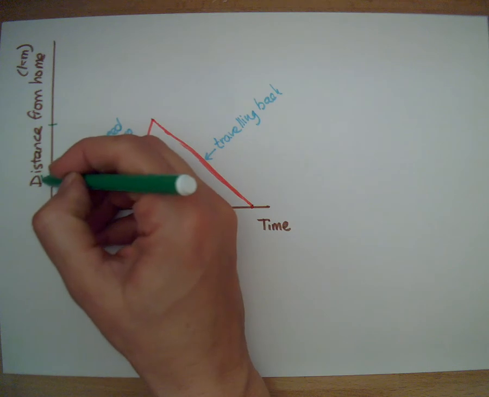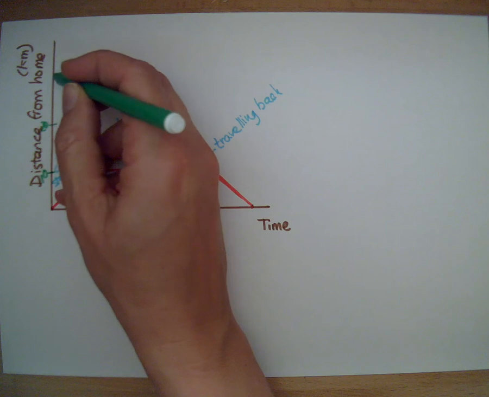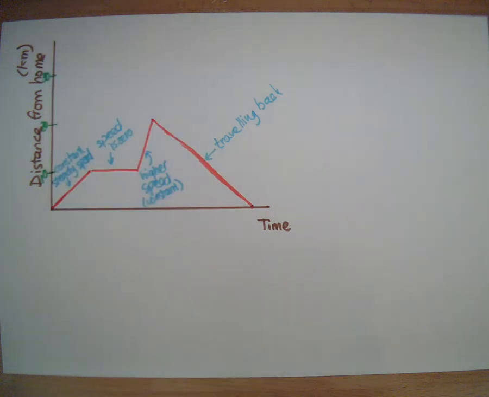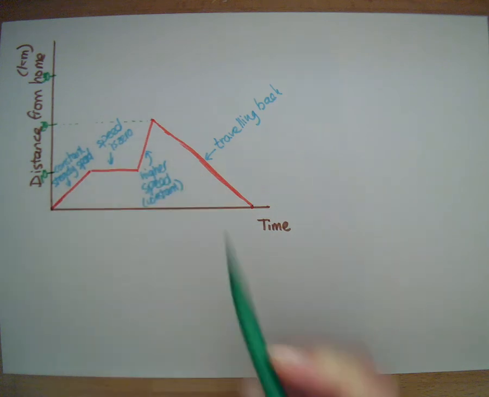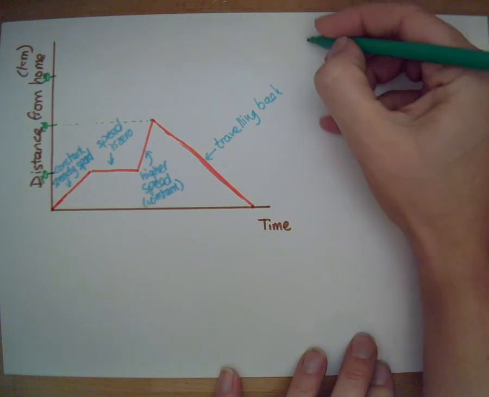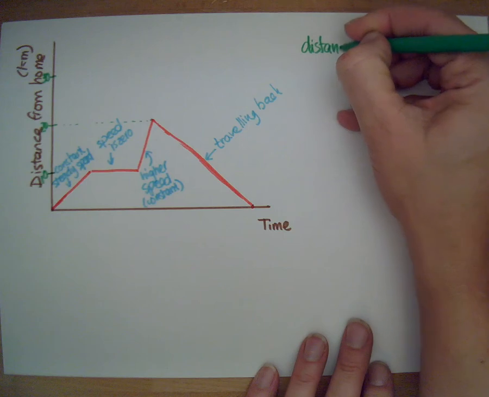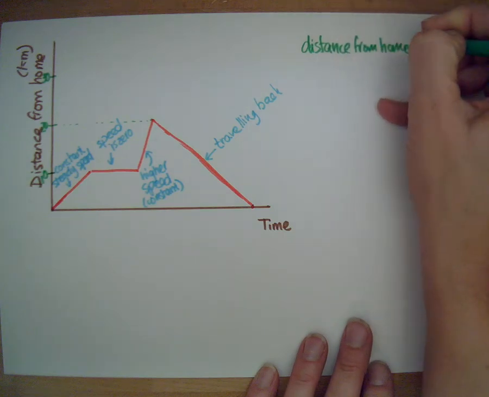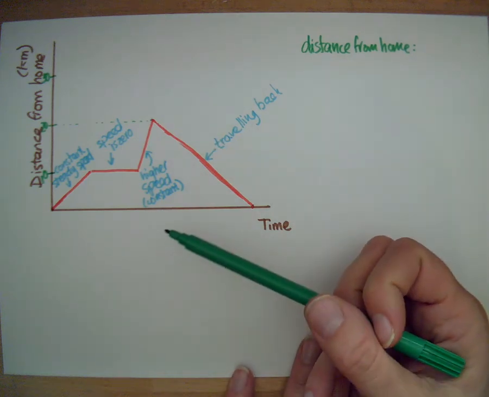Say this is 10, this is 20, and this is 30. The total distance that I traveled away from home, distance from home, how far away from home did I go before I came back?